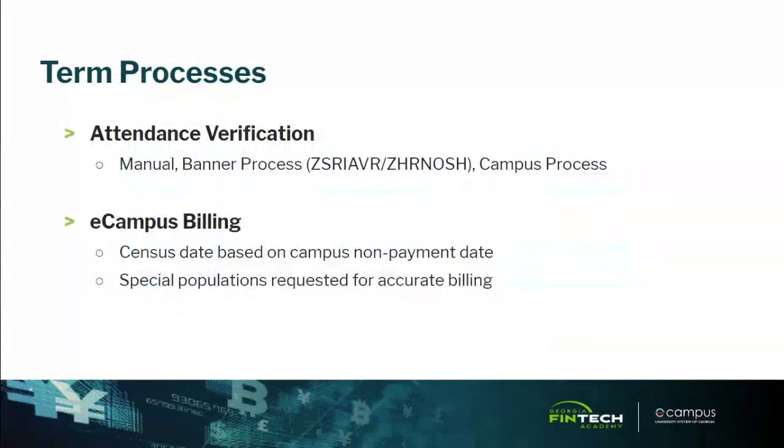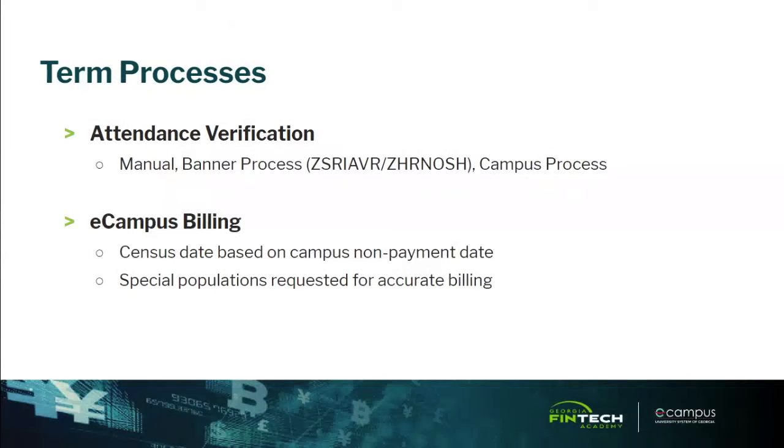So once attendance has been verified, there are a couple of ways that it can be processed into Banner. It can be a manual process where institutions pull the list of absent students straight from an Ingress report and then manually process them in Banner to drop or withdraw them.